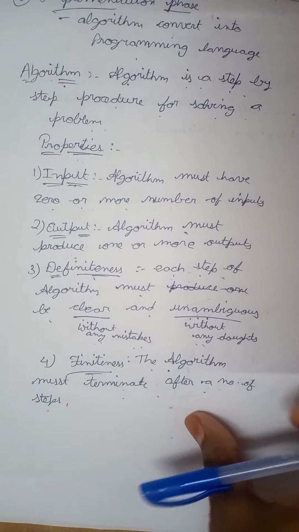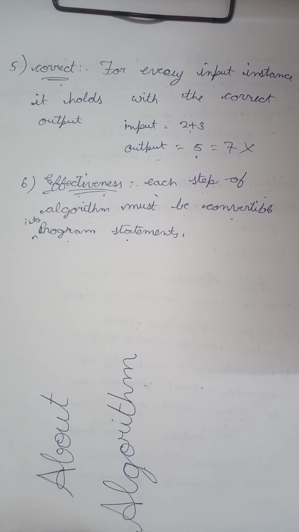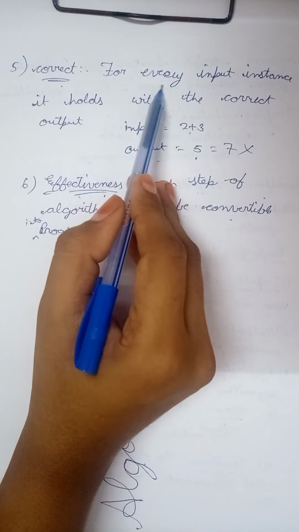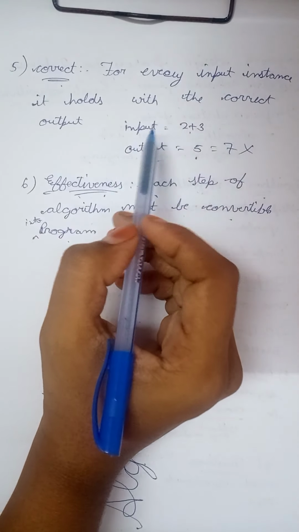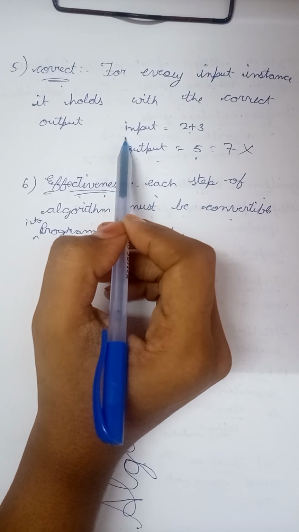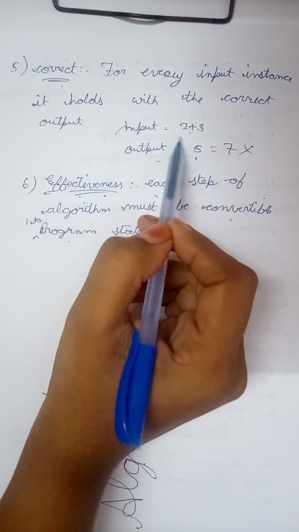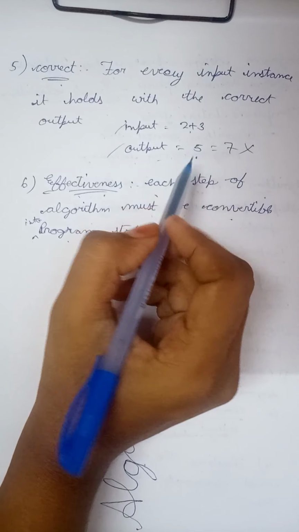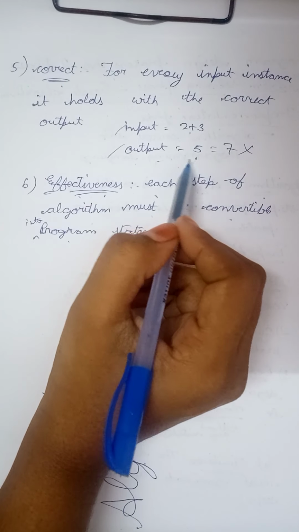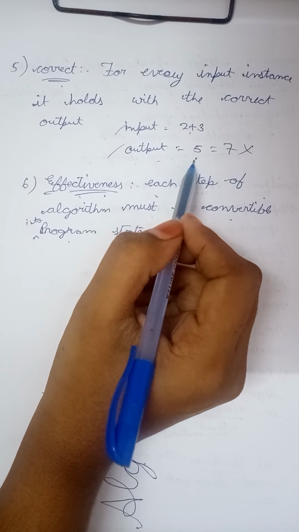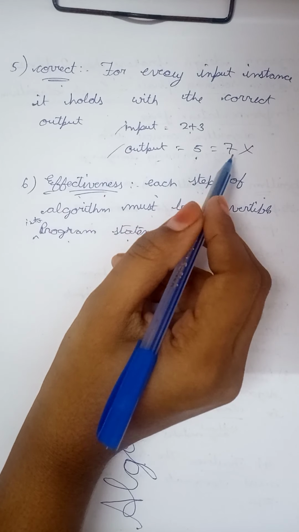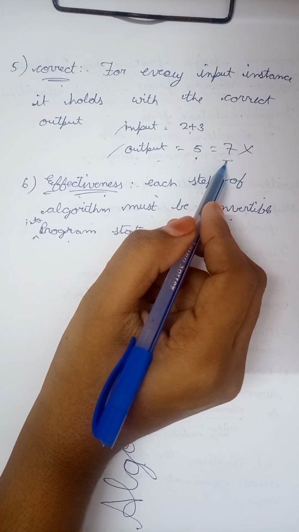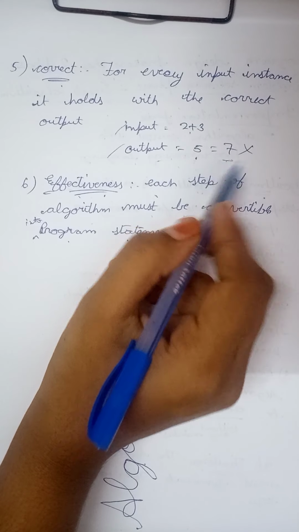The fifth property is correctness. For every input instance, it holds the correct output. If we give the input 2 plus 3, the output should be 5, which shows the algorithm is correct. If the output is 7, the algorithm is wrong.